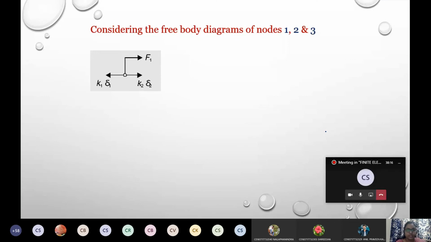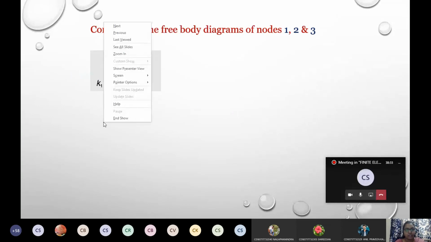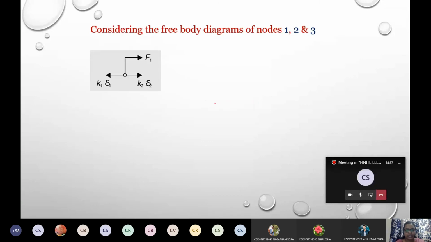Right. This is the free body diagram for node 1. Node 1 is attached to springs on either side. All right. So when it is about the force on either side where the springs are, the force will become the stiffness of the spring and its extension.